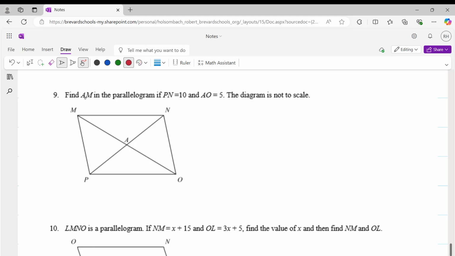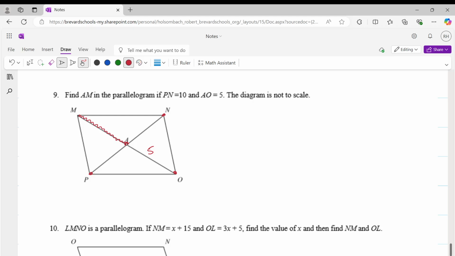In problem number 9, you're asked to find AM. A to M is right here. If P to N is 10, so from P to N, that's 10, and A to O is 5. So A to O is equal to 5. Well, we said yesterday that diagonals of a parallelogram bisect each other.